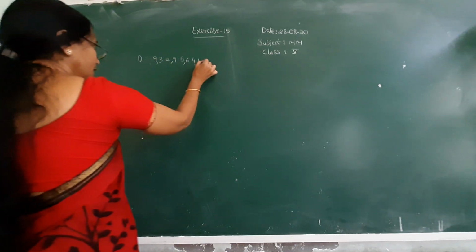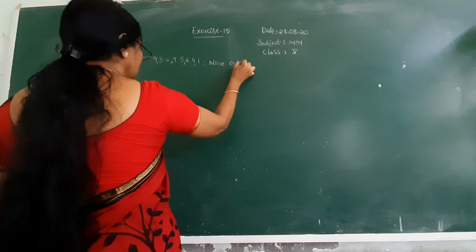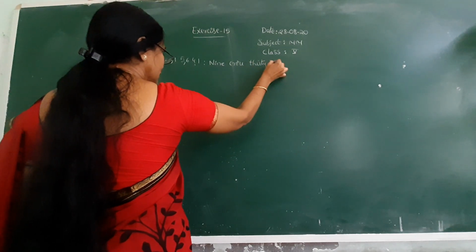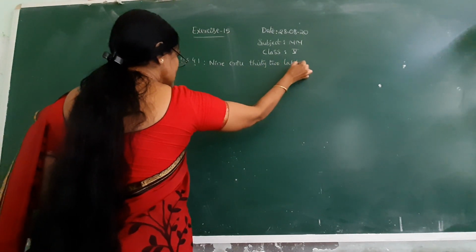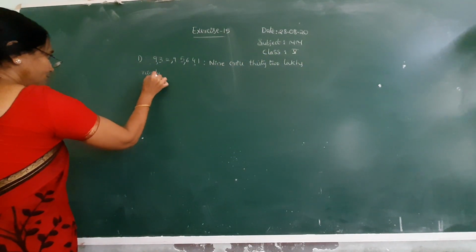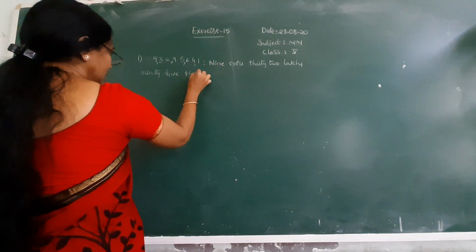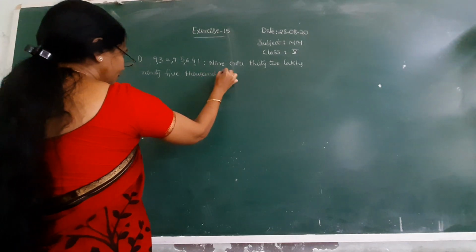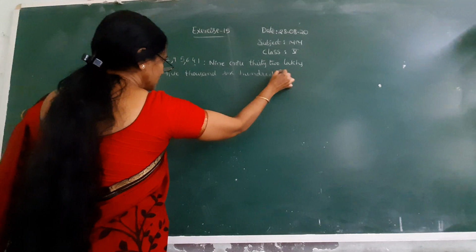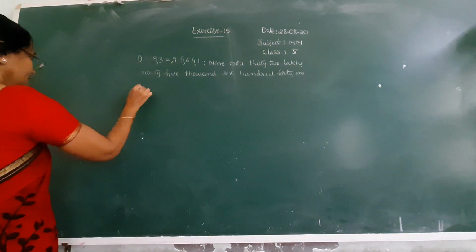So write down the number name: 9 crore, 32 lakhs, 95,000, 600, 641. Okay.